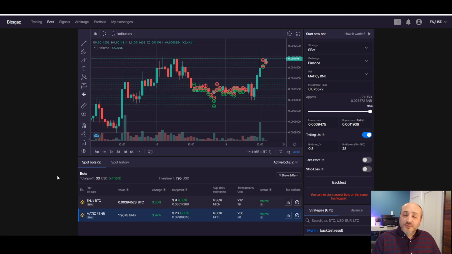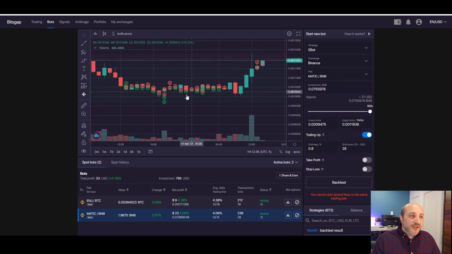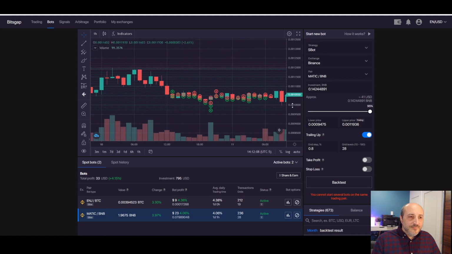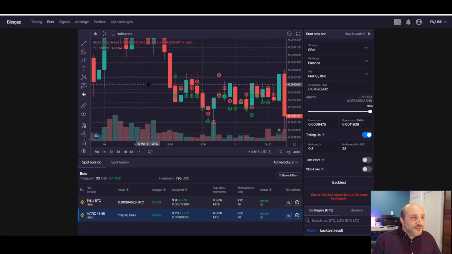So the way that the bot works is very simple. It uses a grid line to buy and sell. So what I mean is, depending on the price direction, as you can see on the screen, let me show you. You can see that there's a little green line behind the chart right here.